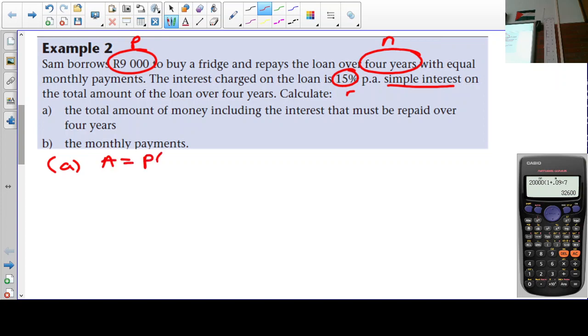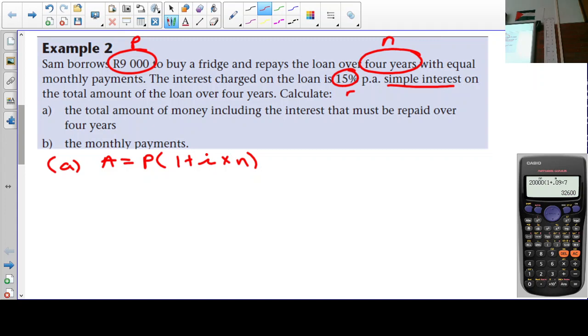A is equal to P into 1 plus I times N. Calculate the total amount of money including the interest that you must pay over the 4-year period. So what are we calculating here? Calculating the A value, not so?